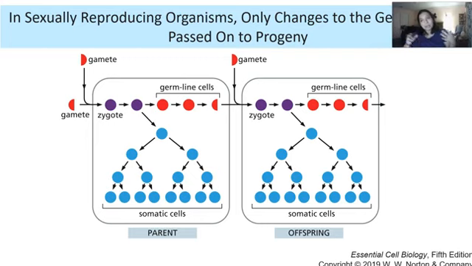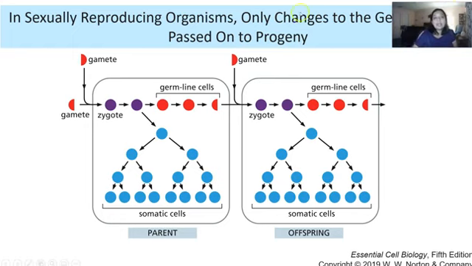For asexual organisms, of course, any mutation that happens is going to be transferred to the next generation. But for sexually reproducing organisms like ourselves, it only matters as far as transfer to the next generation is concerned whether the mutation is in the germline or not.